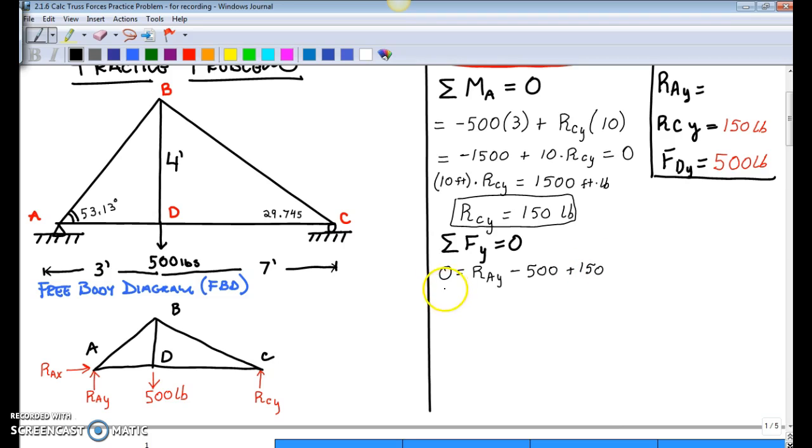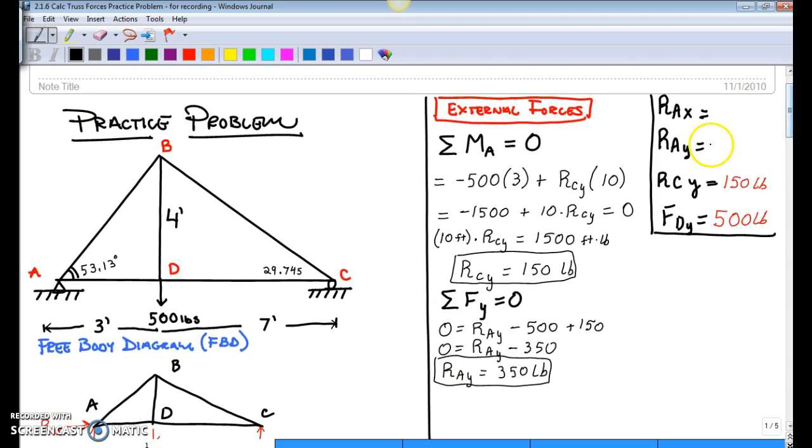So in order to get that reaction force of A in the y direction, we simplify, and we get that the reaction force at A in the y direction is, sorry, that should be a minus here, positive 350 pounds. There we go, we have another one down. So reaction force of A in the y direction, we fill that in as 350 pounds.